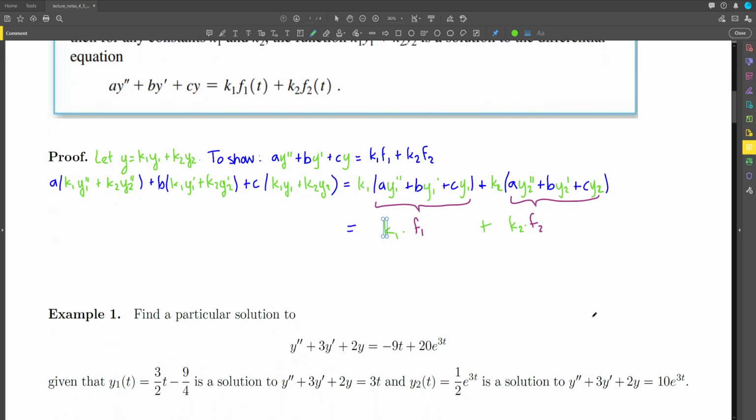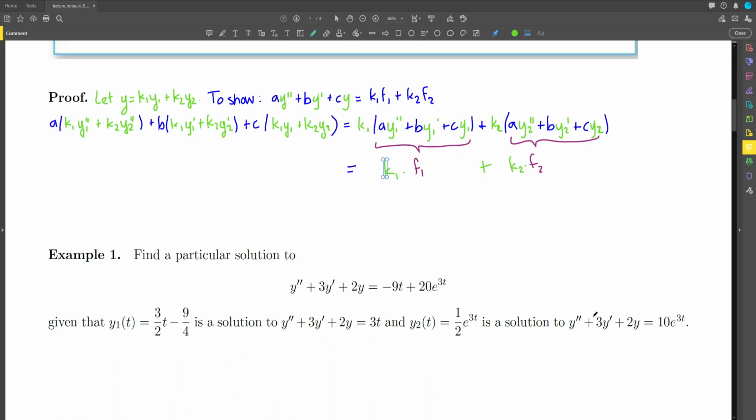Okay, let's see how we can start using this superposition principle. So we have to find a particular solution to the differential equation y double prime plus 3y prime plus 2y equals negative 9t plus 20e to the power 3t.